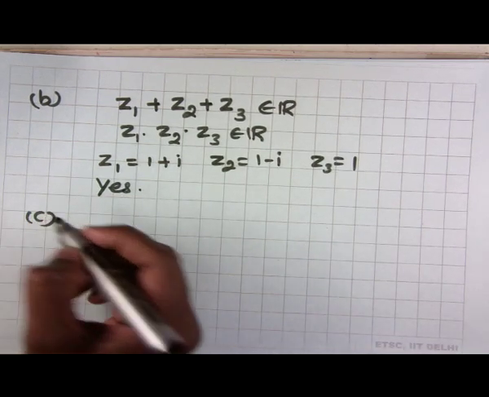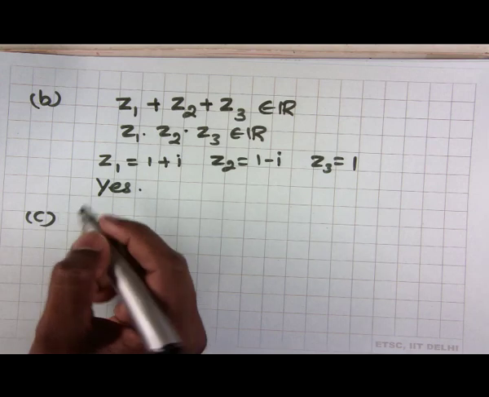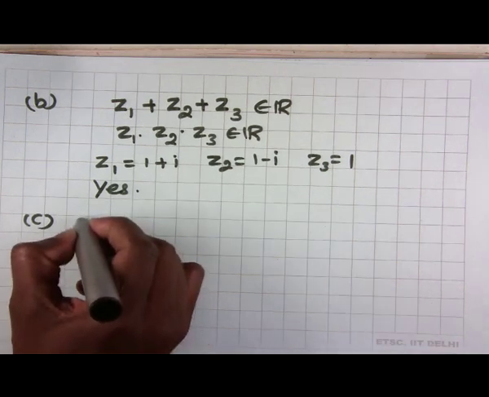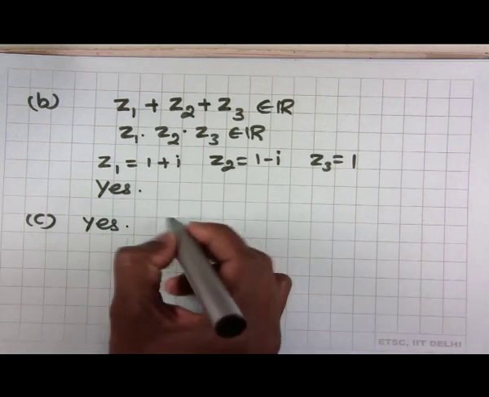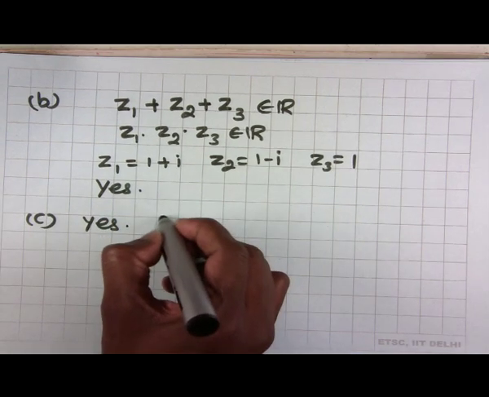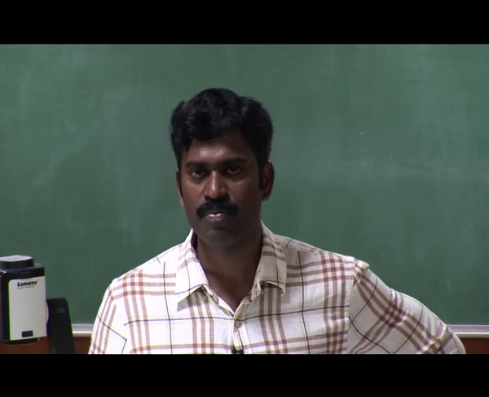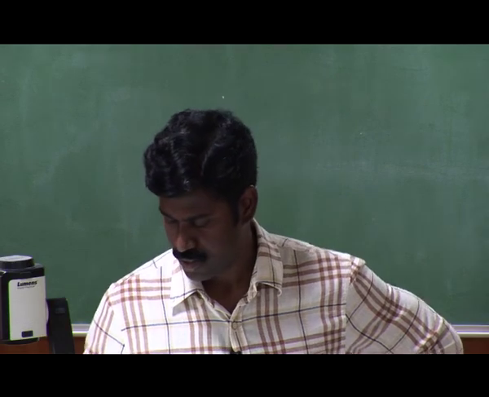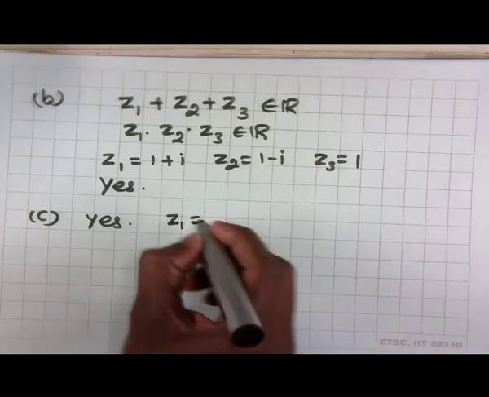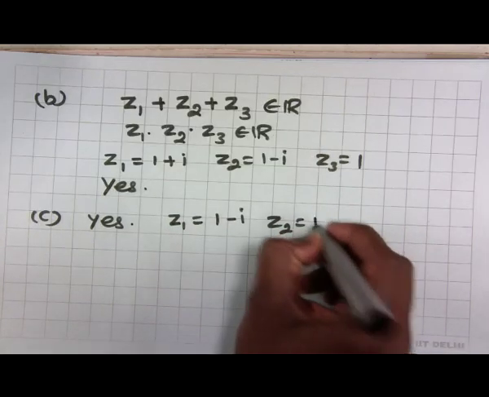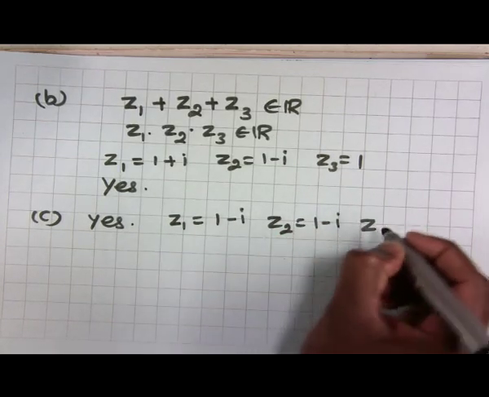So, choice C, all 3 numbers are non-real, it is again possible, yes. I give you one set of a triple, maybe you can try with another set where it satisfies this relation. So, the one set is just consider 1 minus i, Z2 as again the same number, and Z3.